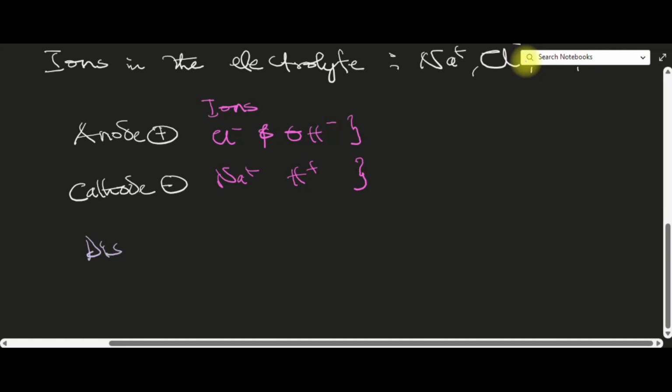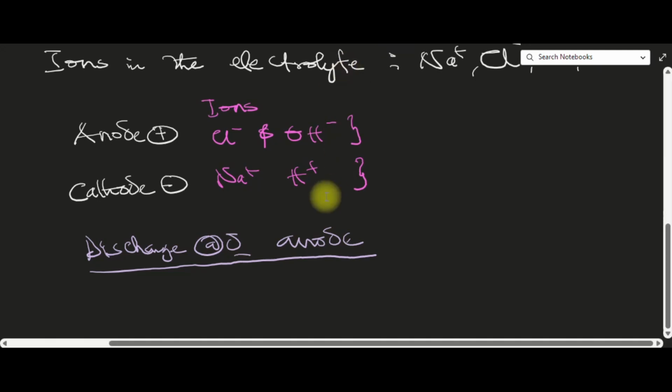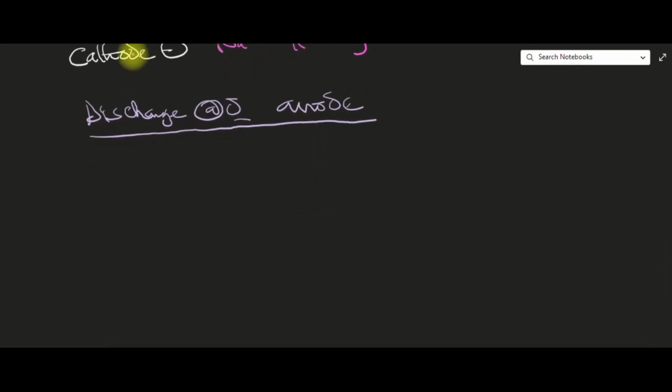I like to start with discharge at the anode. So how will that happen? The rule is very simple.